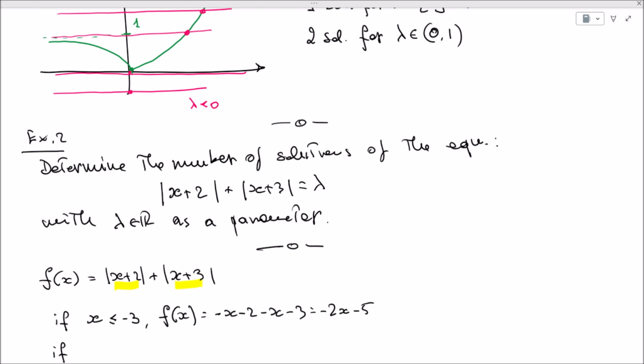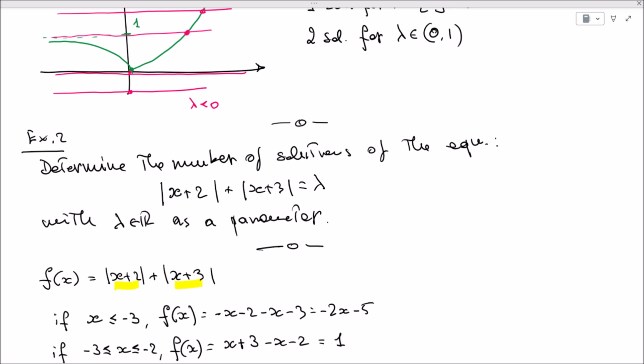If x is in between minus 3 and minus 2, then in this case only x + 2 will be negative, right? So we have x + 3 - x - 2, which is equal to 1, so in this case it is a constant.